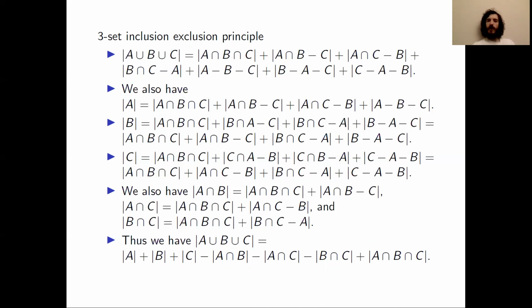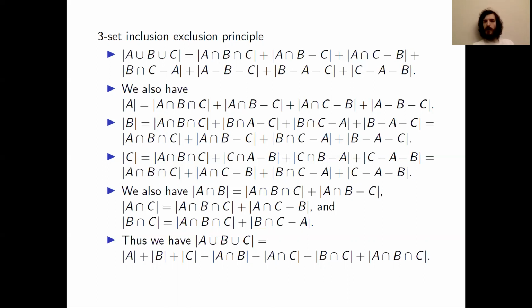Now, how do we see that this equation is true? All you have to do is plug in on each side, for each of those cardinalities on each side, the values that we found in the equations for those cardinalities. So in other words, the other side of the equation, plug that in for each of those cardinalities. And you'll see that both sides become the right side of the equation that you see in the top bullet.